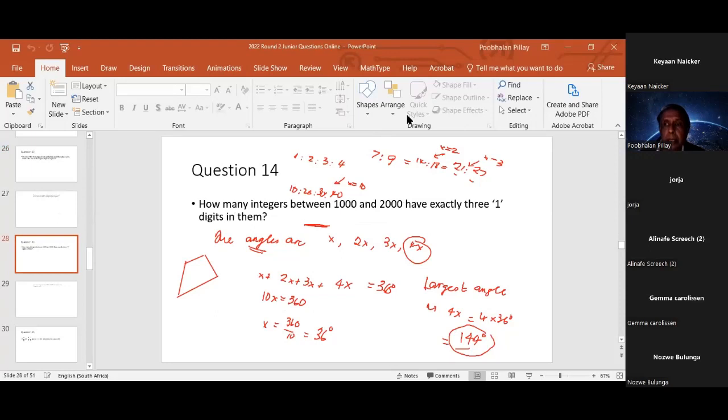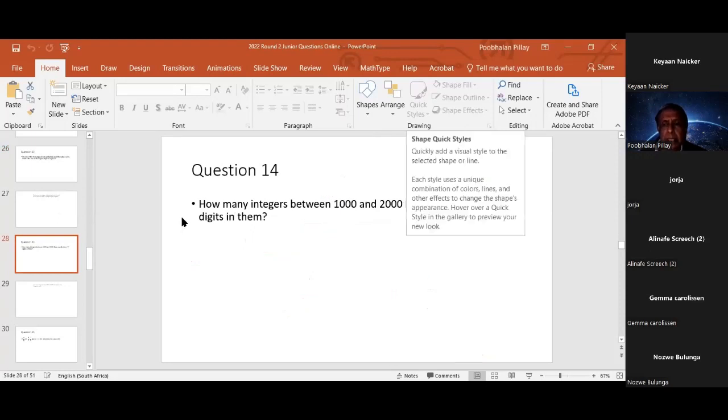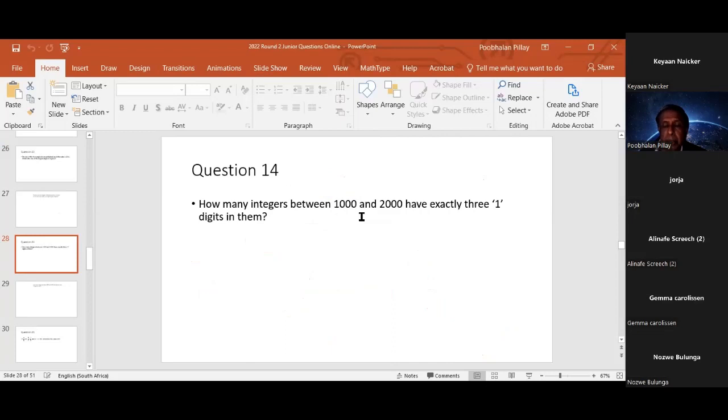Okay, so the next problem now is how many integers between 1000 and 2000 have exactly 3 ones digits in them. Well, I understand by that you have exactly 3.